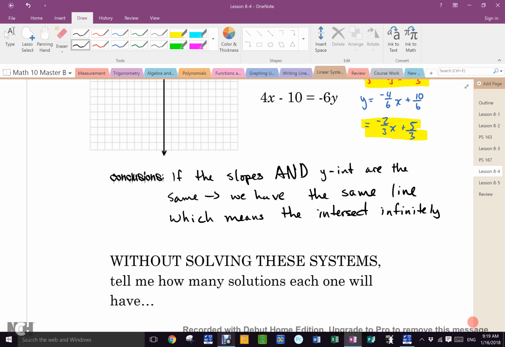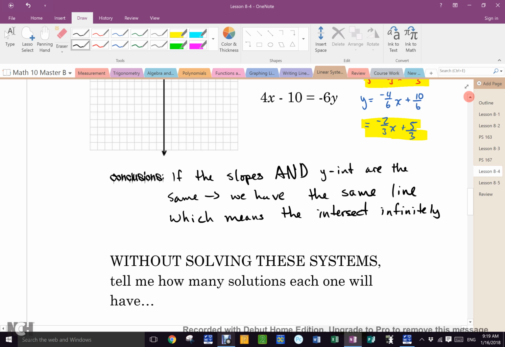Okay? Now, once again, what was the key to this lesson? What was the concept that we needed to find every time? What did we use? Slope. As long as we found the slope. If the slopes were different and the y-intercepts were different, how many solutions? 1.